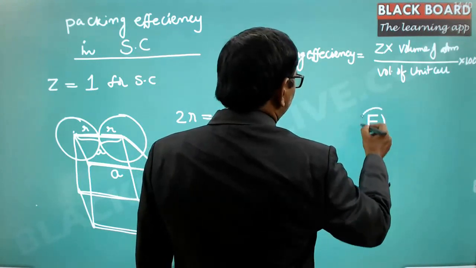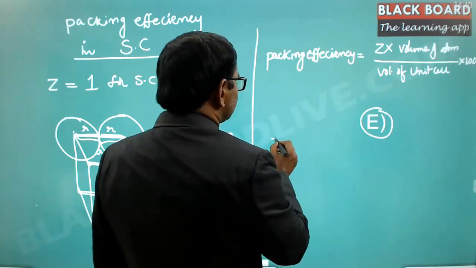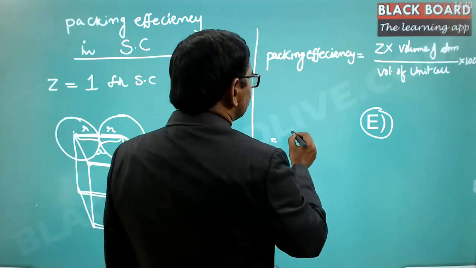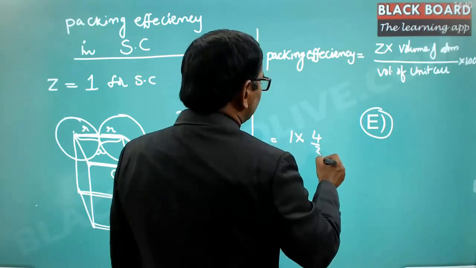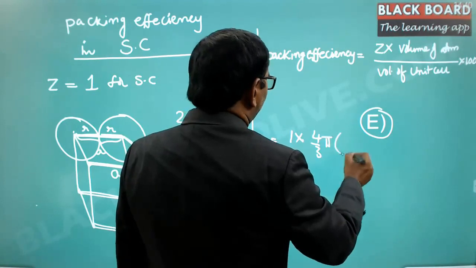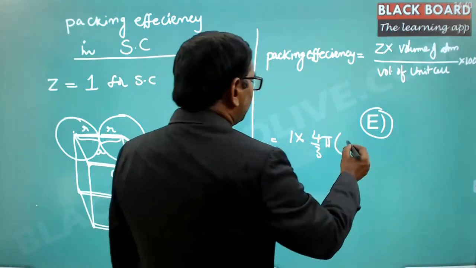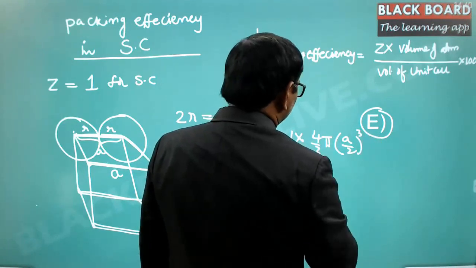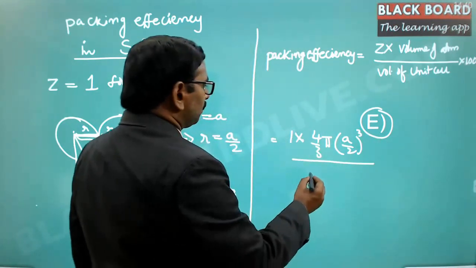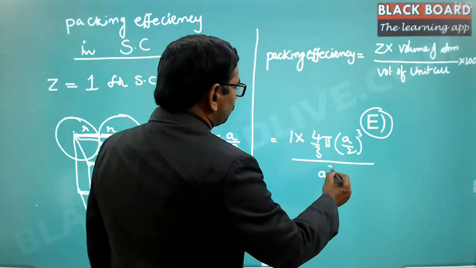Z is equal to 1, volume of atom 4 by 3 pi into r cube, where r is equal to a by 2. So a by 2 whole cube by volume of unit cell, a cube, into 100.